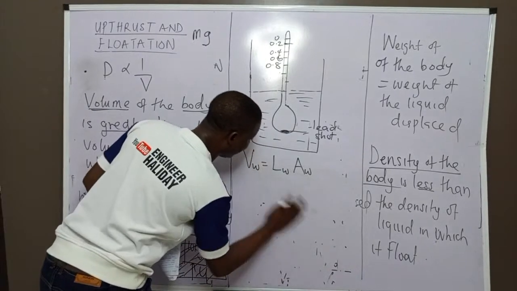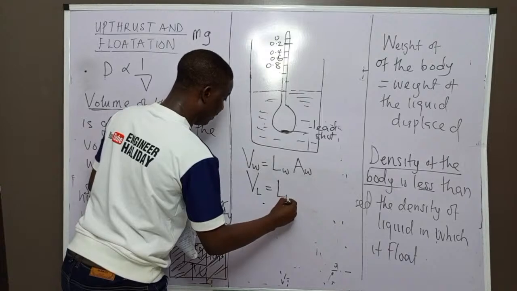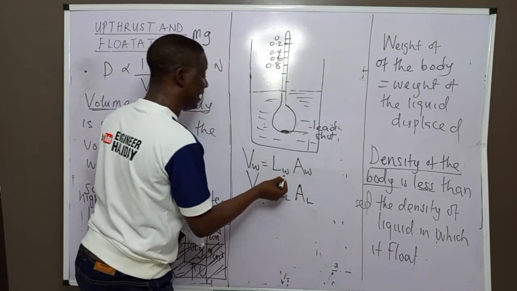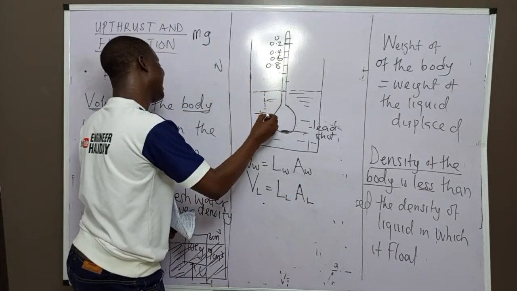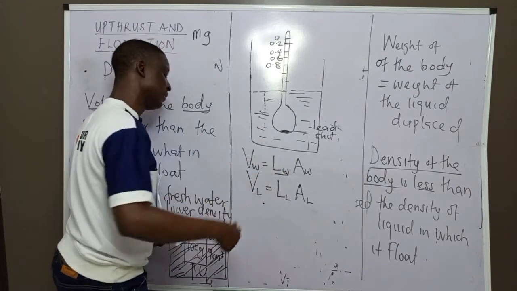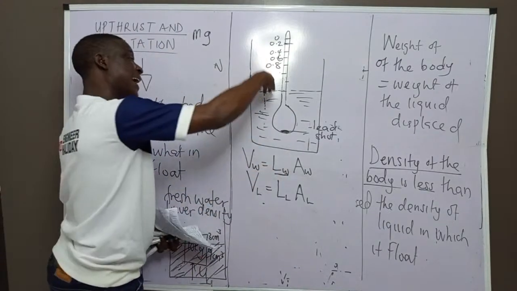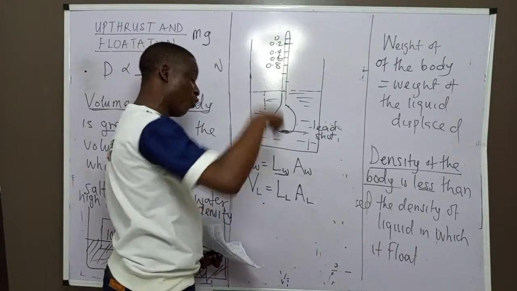Then if you fill it with liquid, the volume of liquid is length of liquid times area of liquid. The length, or height as the case may be, is the height at which the hydrometer sinks in.